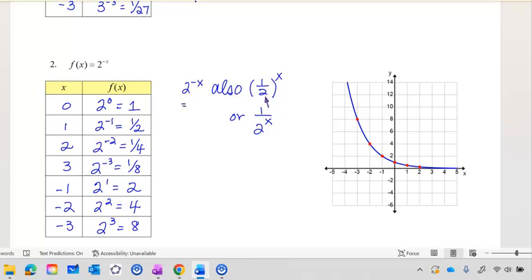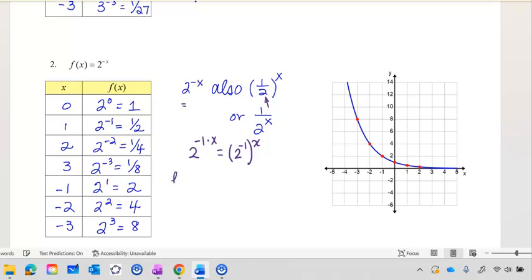So why is that? Let me give you a little detail. That means 2 to the negative x power we can rewrite as negative 1 multiplied by x, and then I can write negative 1 inside and outside is the x power.